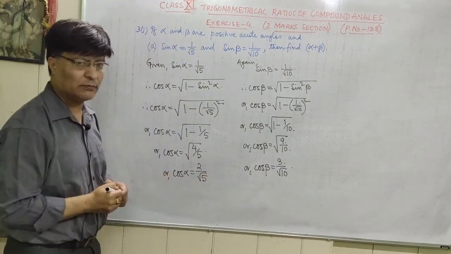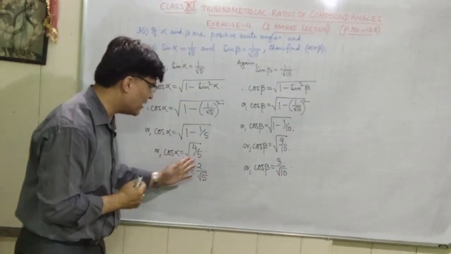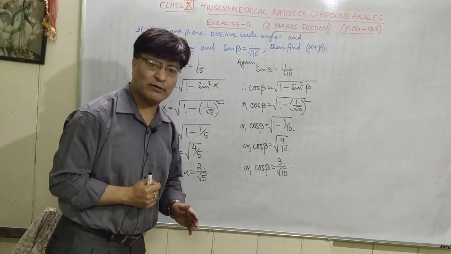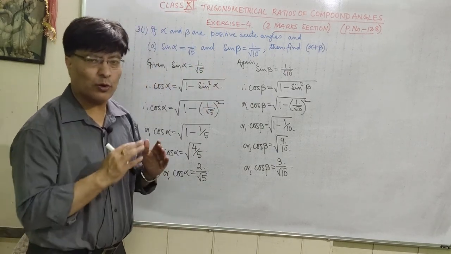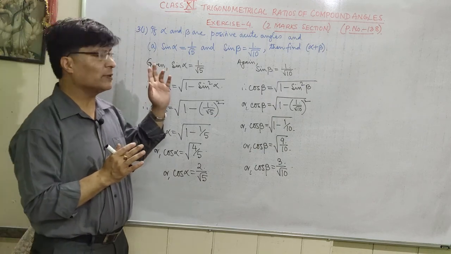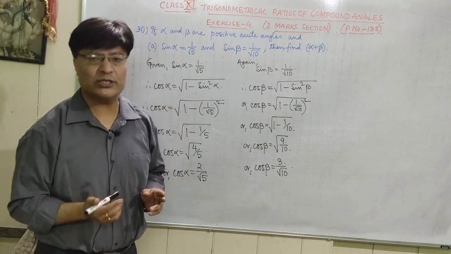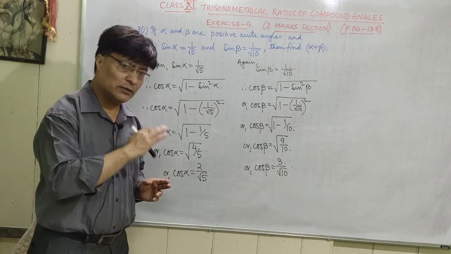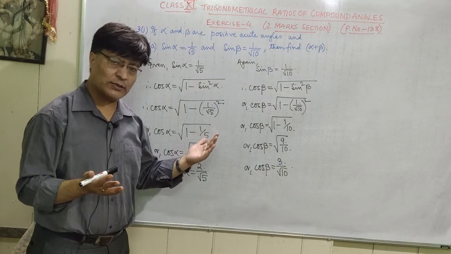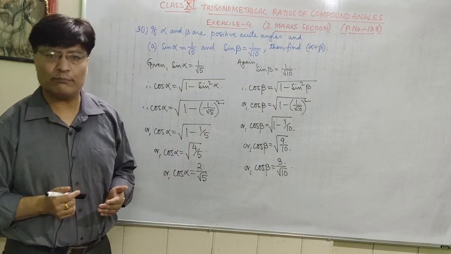So we have got both the values of cos alpha and cos beta from sin alpha and sin beta respectively. So all the values are positive in this case, because in the question it is given that alpha and beta are positive acute angles, and both these angles lie in the first quadrant, and in the first quadrant all the trigonometrical ratios are positive.